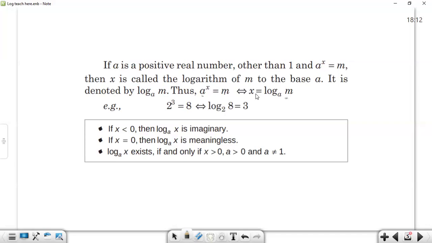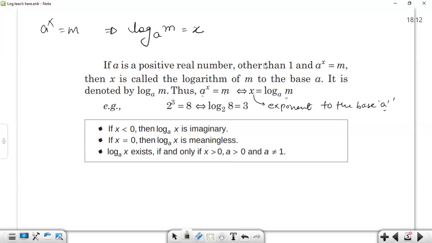So m will be written here and x will be written here as the result. x will be the result, which is an exponent to the base a. So a raised to power x, we can represent as logarithm base a of m is equal to x. Okay. So the base, which is a, is a positive real number. What are real numbers?